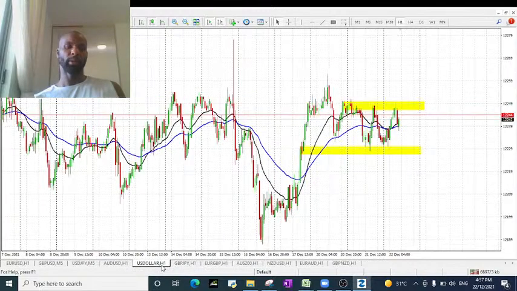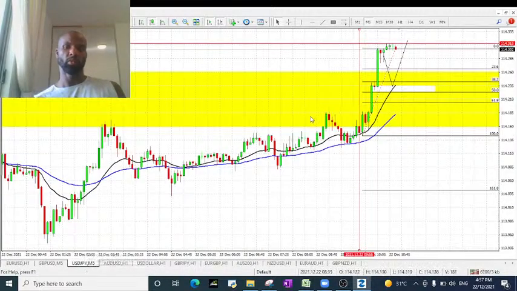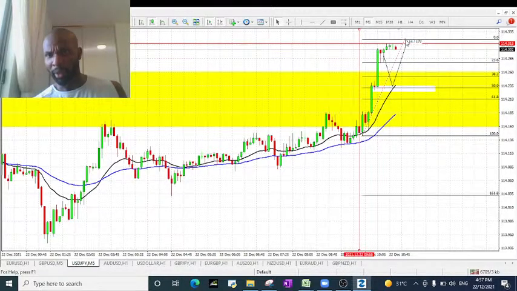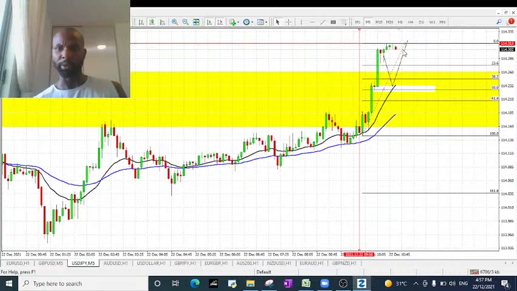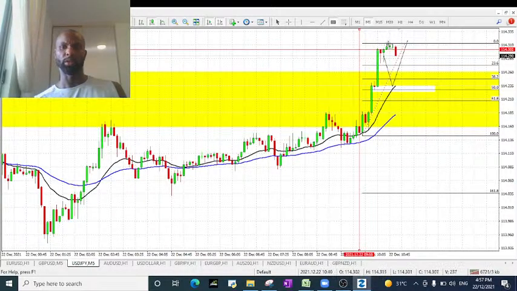So we have 3 minutes until the 1 hour candle close. The only thing that is looking good right now is the pound yen. But you can see we came up, pushed up. Now we're starting to lose momentum, so we're coming back down.